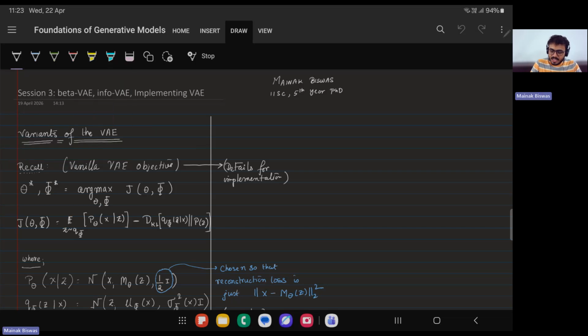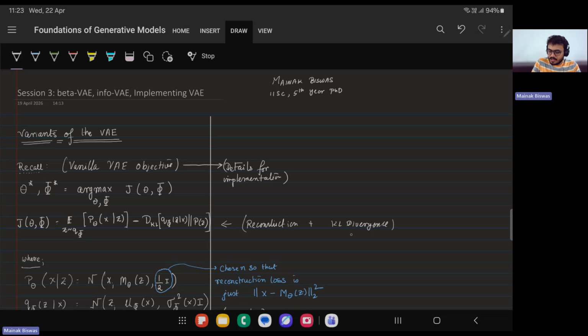We have seen that a VAE has two terms in its objective. The first term is a reconstruction term. It's reconstruction plus KL divergence, right?